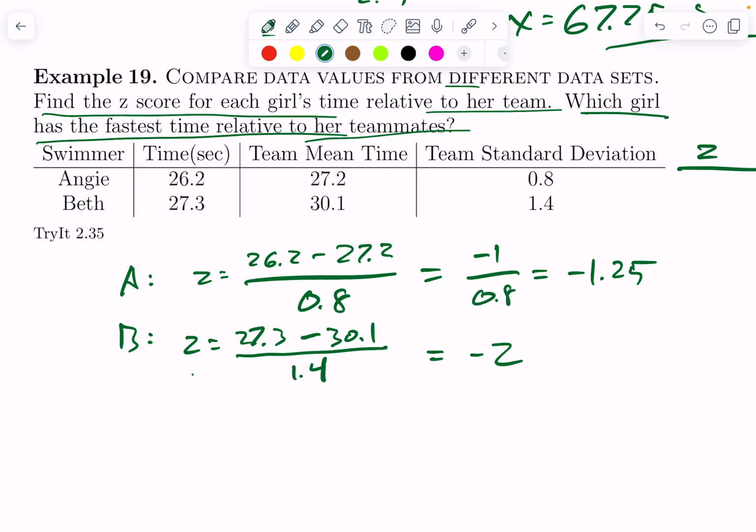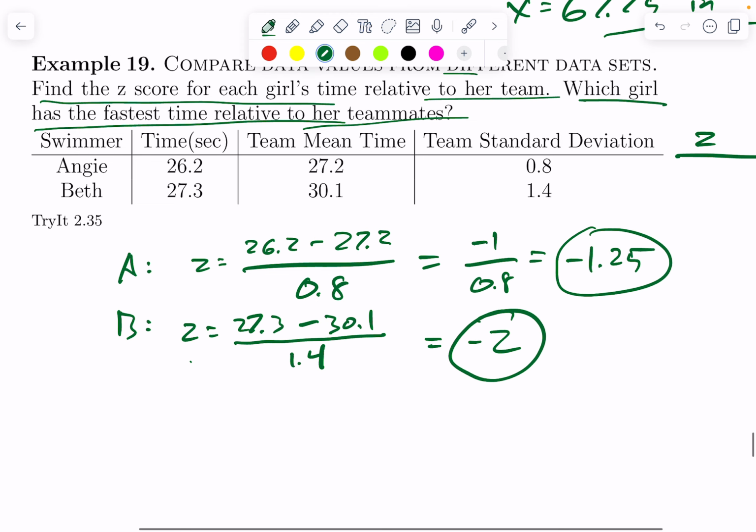As it turns out, Angie is closer to the average for her team than Beth is. Beth is 2 standard deviations below the mean of her team. So which girl has the fastest time relative to her teammates? The answer is Angie. Angie is a little bit faster relative to her team.